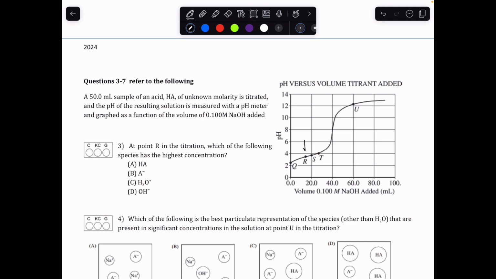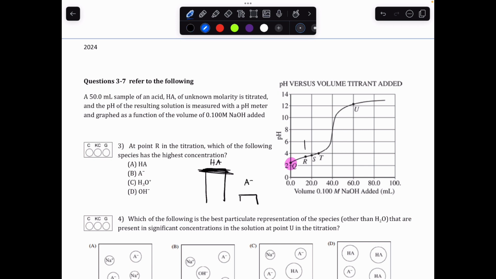So at point R, okay, remember in a titration, at point Q we only have HA. Then as the titration progresses, you're dropping in the strong base. It's reacting with this, so this reacts away and makes A minus.